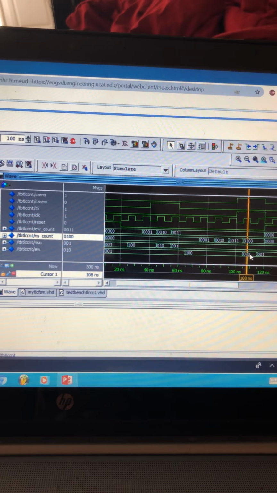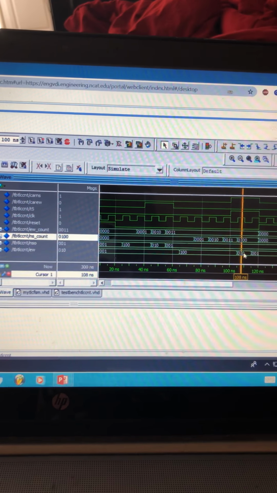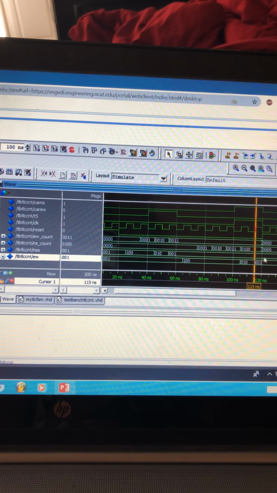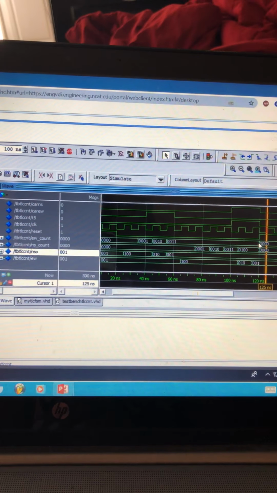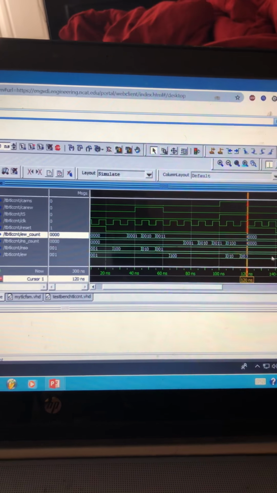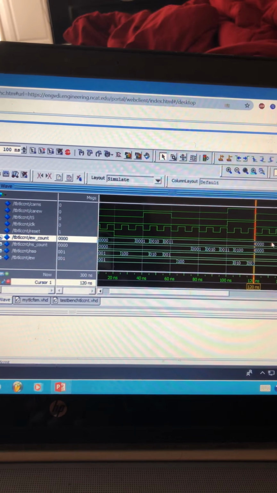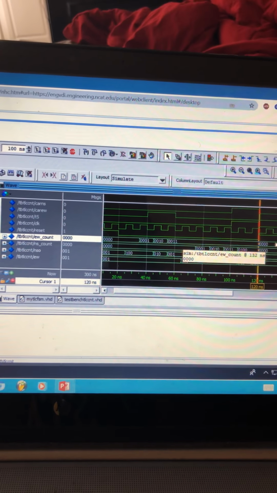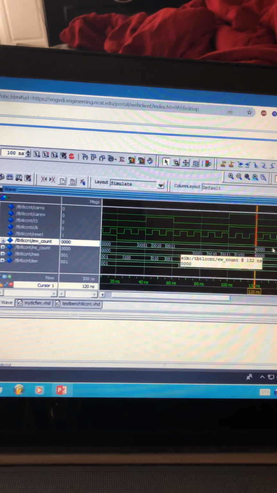So here you can see the east-west direction begins to transition to yellow, and then red, and then my finite state machine resets and it will recycle again. And that is the FSM and my counter component tied together.